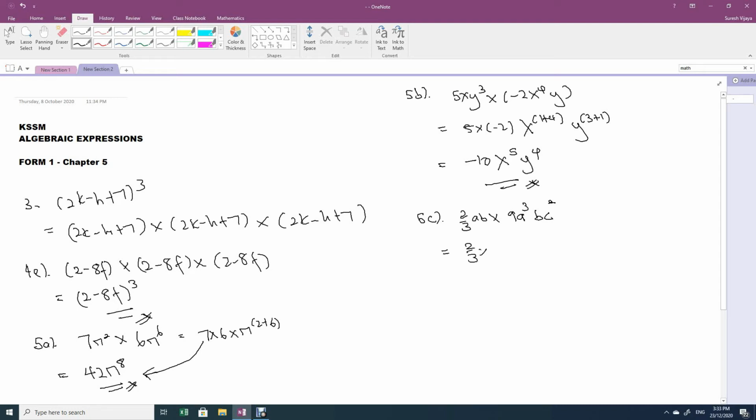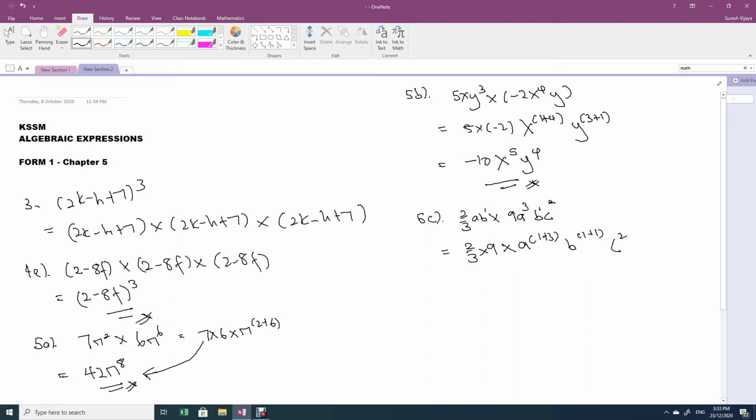So you have 2 over 3 times 9, then you have a, okay, this is multiplication, a 1 plus 3, yeah. So then we have b is 1 plus 1, okay. Whenever a power does not show anything, it is called 1, yeah, the power is 1. So c will remain as c to the power of 2.